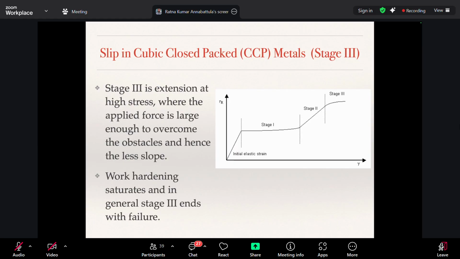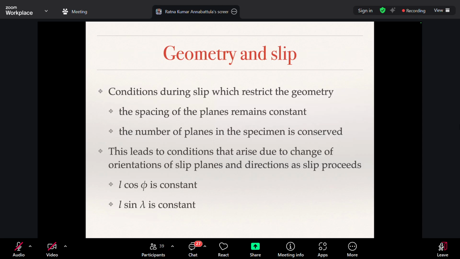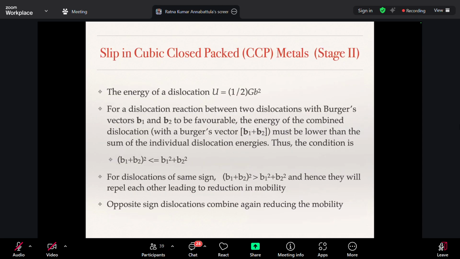And sometimes two dislocations combine. We have discussed when two dislocations combine, right? Two dislocations combine when the combined energy is less than the energies of the individual dislocations. I think that is something we discussed in the last class. The first dislocation is represented by Burgers vector B1, the second by Burgers vector B2.